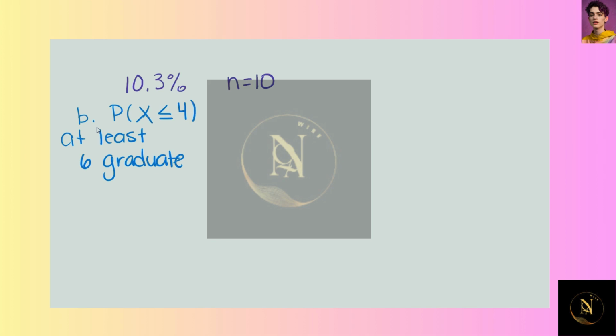That way I can use the binom cumulative distribution function with 10, 0.103, and 4. I would put that in the calculator, and I would get 0.998. I always like to try to write it as a less than, so then I don't have to remember that extra step of subtracting from 1.